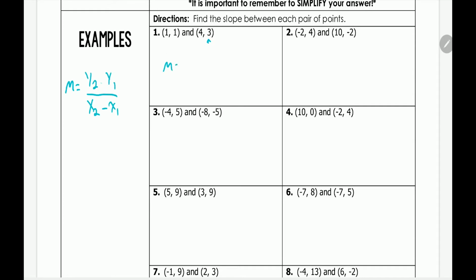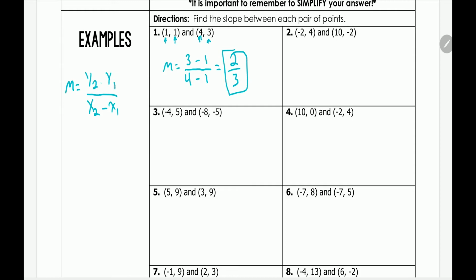So we have m equals 3 minus the first value, which is 1, over 4, which is the second x value, minus 1, which is the first x value. Then we simplify: 3 minus 1 is 2, and 4 minus 1 is 3. So the slope for number 1 is 2 over 3.